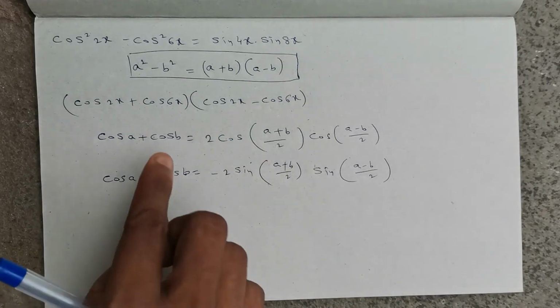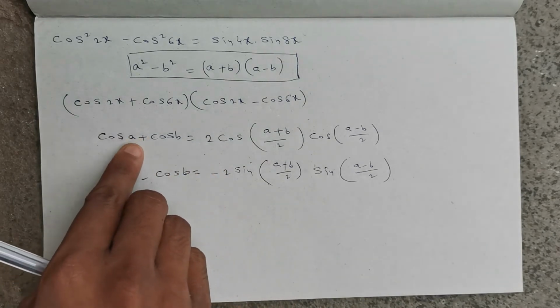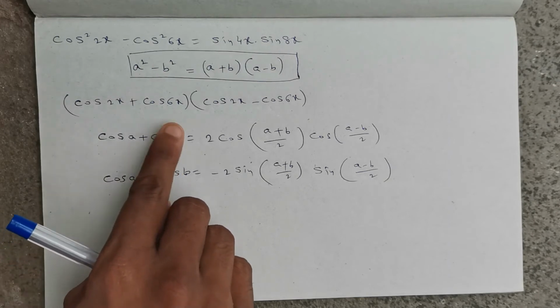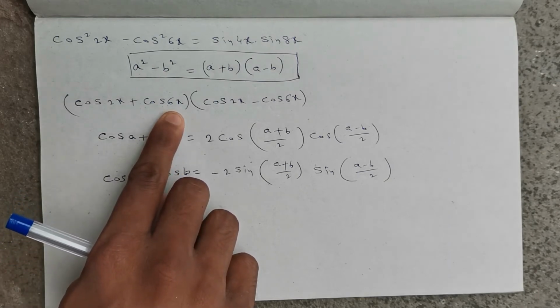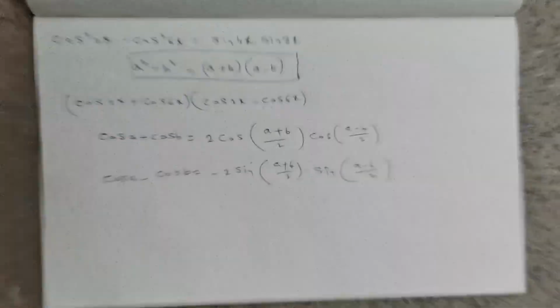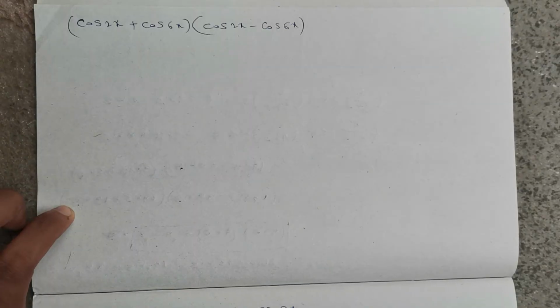Now, here in the place of A we have 2x, in the place of B we have 6x. So, let us substitute in the formula now. We have cos 2x plus cos 6x into cos 2x minus cos 6x.